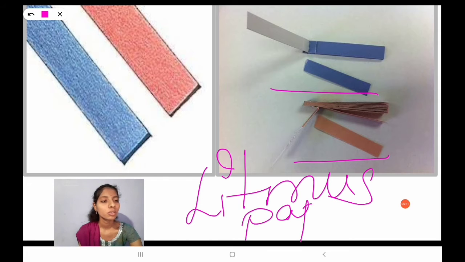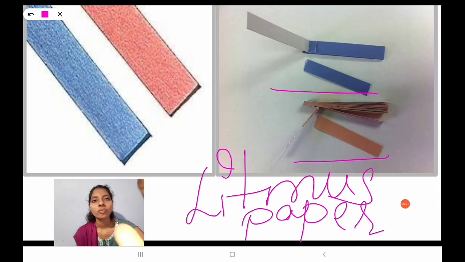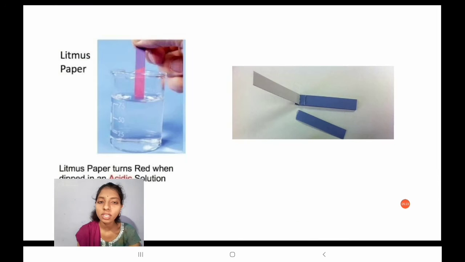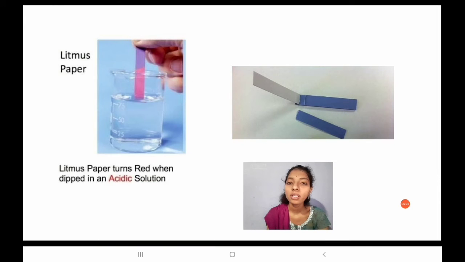We can call these papers litmus papers. We will use red color litmus paper or blue color litmus paper to identify the acidic or basic solutions. If we use the blue color litmus paper in an acidic solution, the blue litmus paper changes into red color. The red color indicates that the solution is acidic.